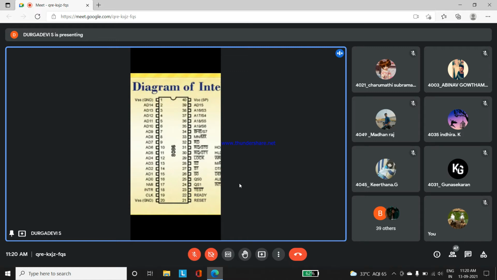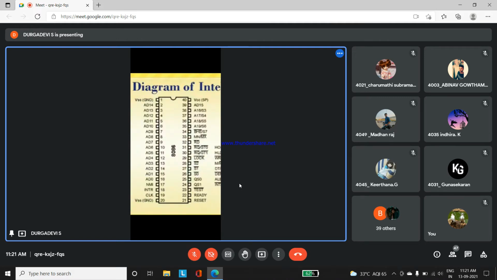Next, every processor will have a particular clock cycle. This 8086 will work in clock frequencies, of which 5 versions are there: 5 megahertz, 8 megahertz or 10 megahertz. Nowadays if you see your i9 or i5, it will work at a very high frequency in terms of gigahertz.